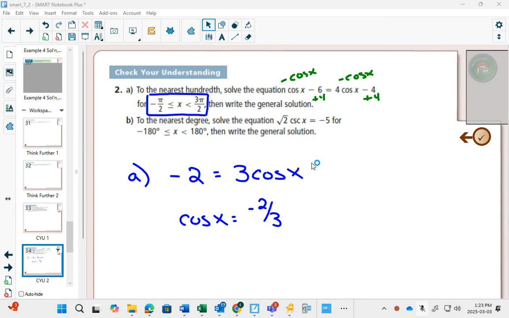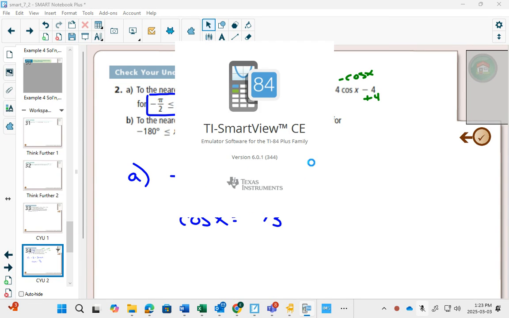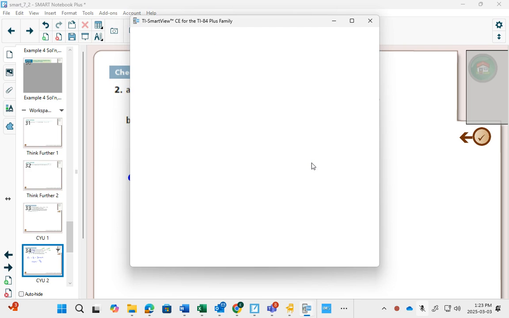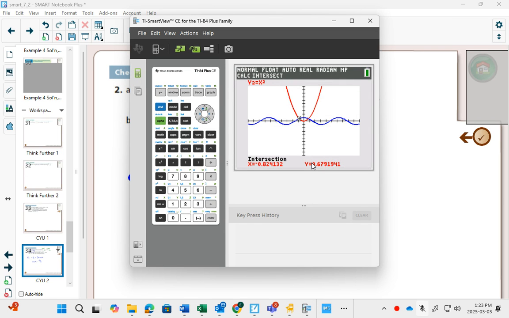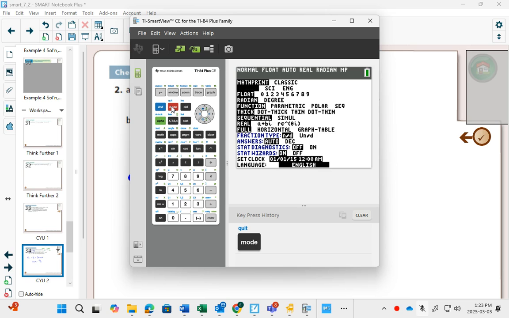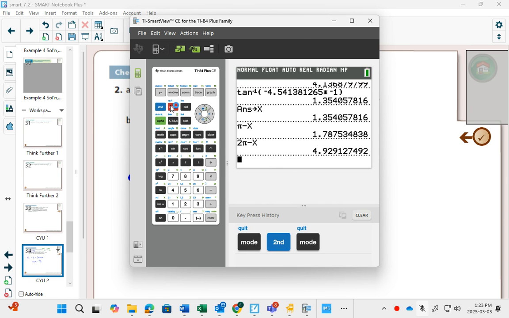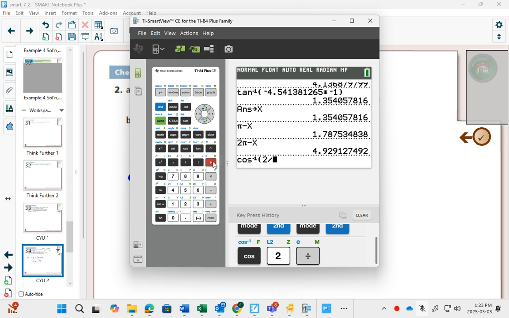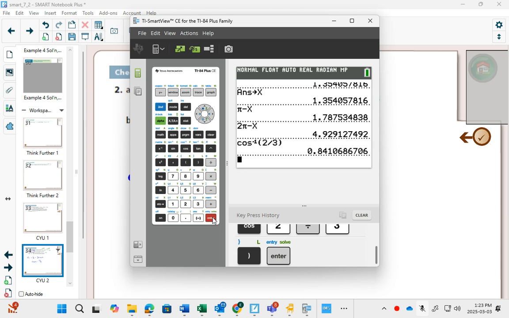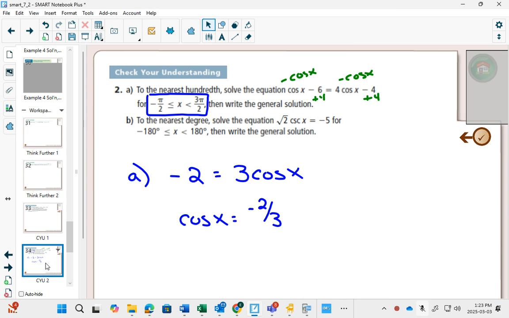Since the question's in radians, we want to make sure that our calculator is in radians. So I hit my mode button, make sure that I'm in radians, and I am. And when we're finding our reference angle, it's very important that we always do the inverse of the positive value, 0.841.